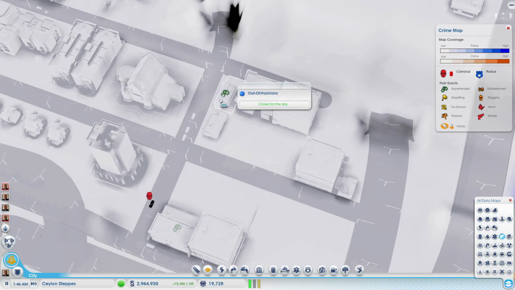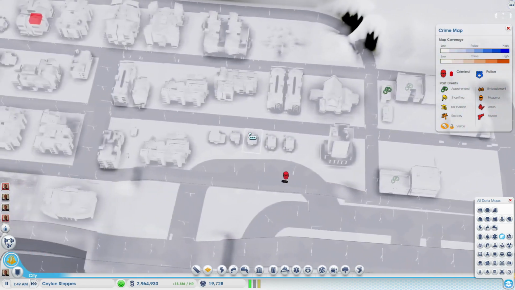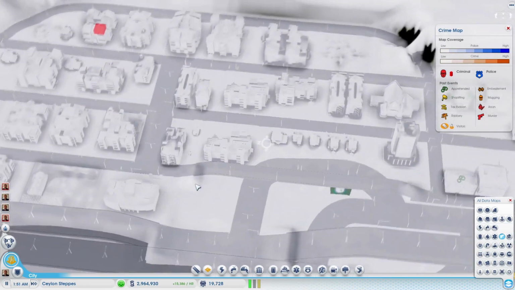So this building, and this building. I really do feel sorry for you guys. I think he turned into this park.